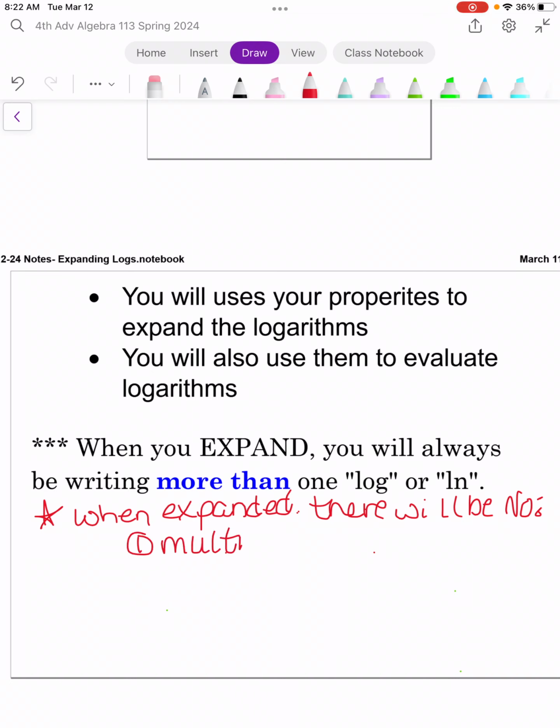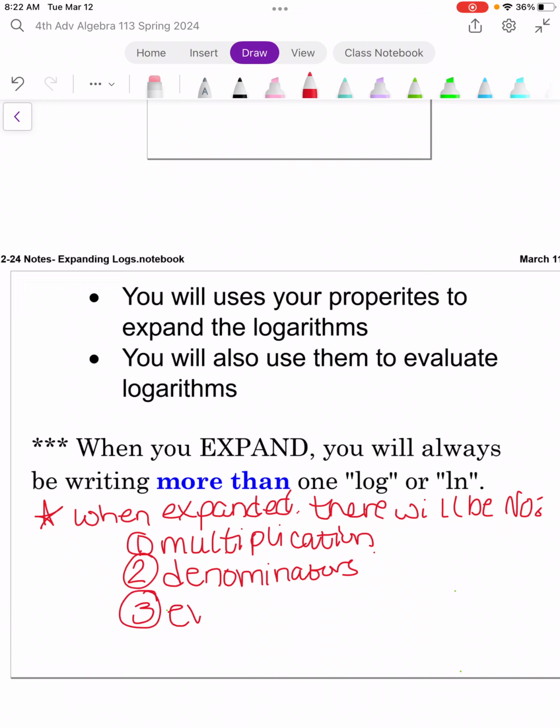Nothing will be multiplied together. There will be no division or no denominators. And there will also be no exponents.